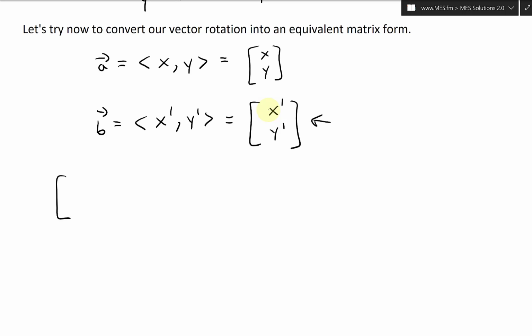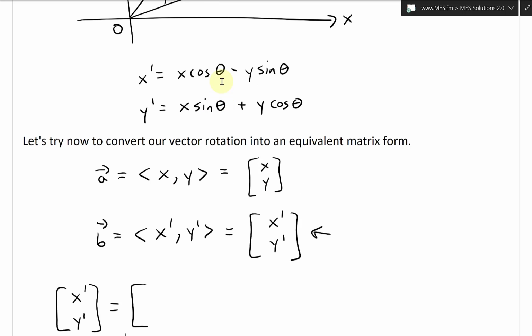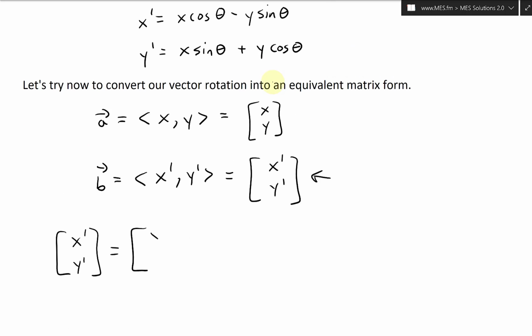I'm going to plug in the actual formulas that we have. This equals, in a 2 by 1 matrix, x cosine theta minus y sine theta.